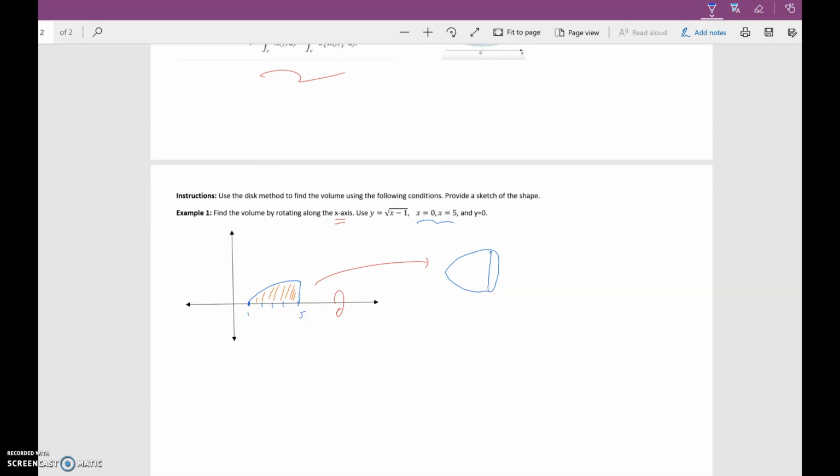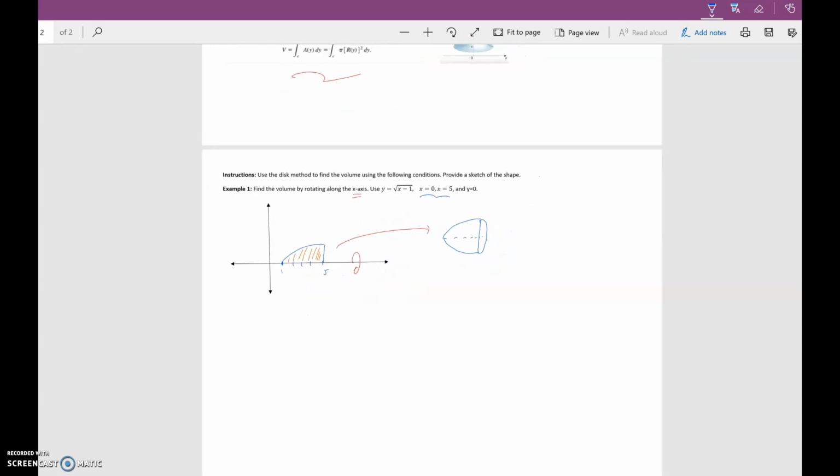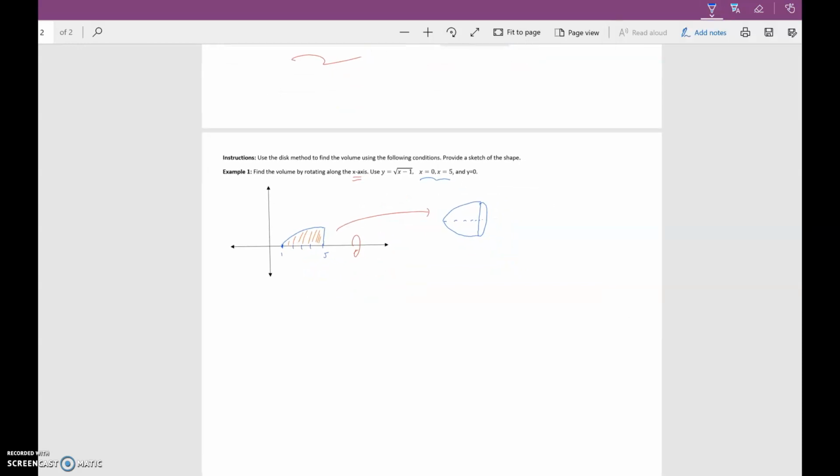And that is what is going to result as your solid. It's nothing more than a lot of circles being put together to come up with the actual volume. Now, let's calculate the volume of this particular shape.